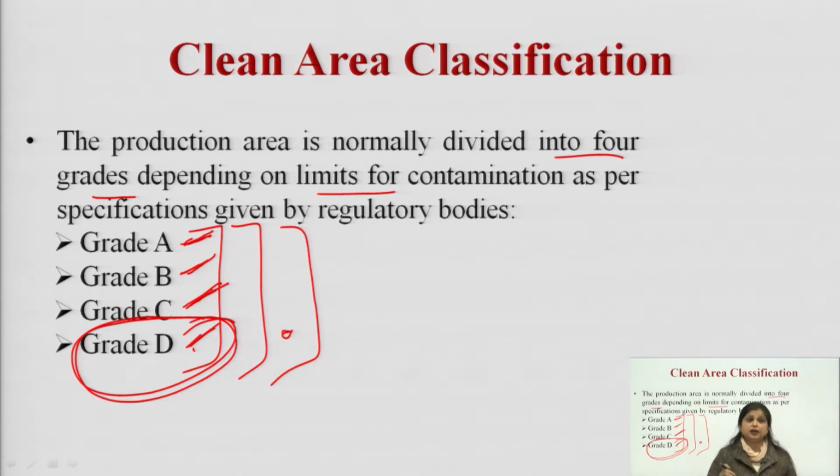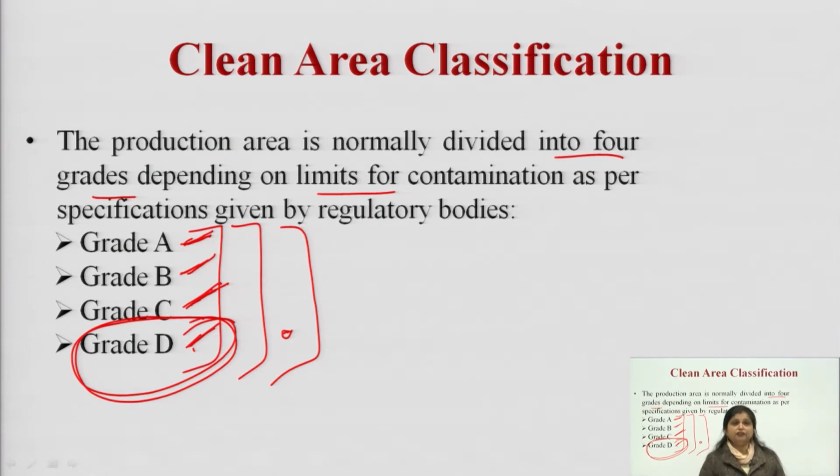So, HEPA filters are always there within grade A. Such types of filters are added to those areas. We even use UV lights, which are always placed within that area, so that they make the environment clean, free from microorganisms and dust particles, making the whole area aseptic. So, various equipment and various techniques can be used to make that area aseptic.